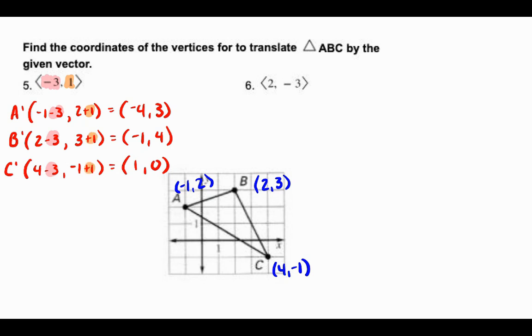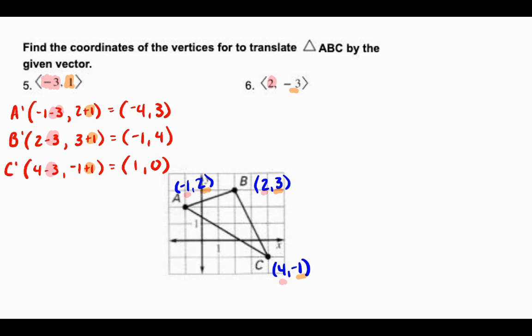Now, some of you are really good at mental math, and that's fine. If you can do the calculations mentally, just remember that your first number is your calculation for the x values, and your second number is the calculation for your y values.